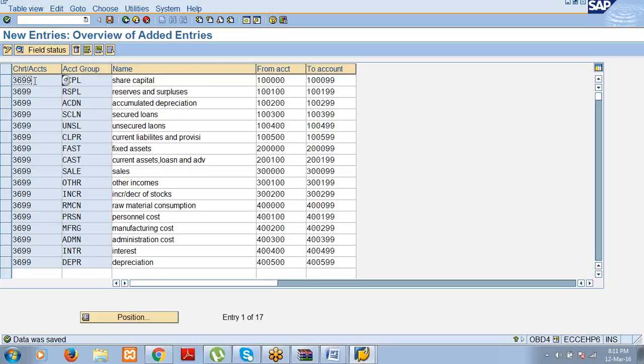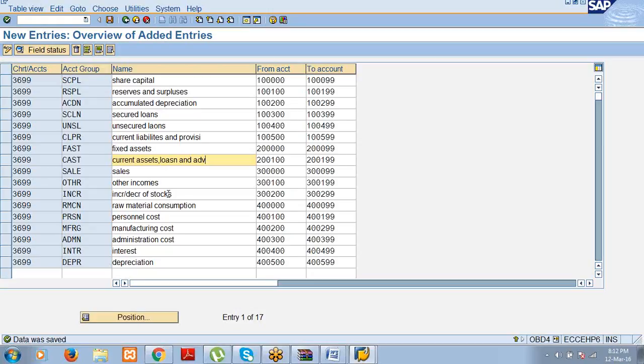See, you have assigned the chart of accounts to your company code. Then for every account group, you have given the chart of accounts. So all these account groups are linked to your company code. Now, suppose you have two company codes, A company code and B company code, right? Let us assume that A company code and B company code are using the same chart of accounts 3699, right?